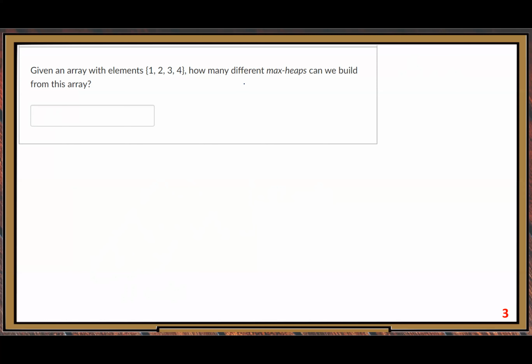So we need to draw all possible max heaps. The first thing is easy, right? 4 must be at the root.